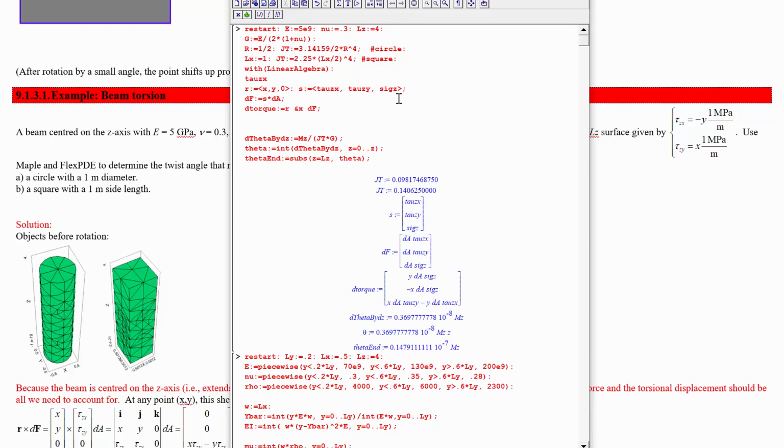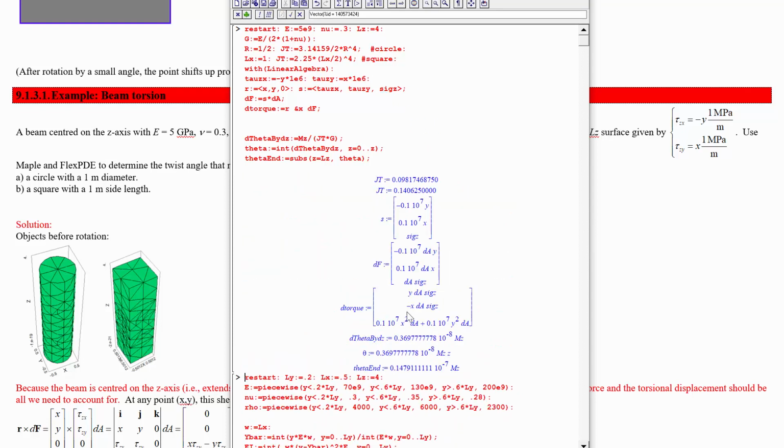tau Zx is equal to negative y times 1e6, and tau Zy is equal to x times 1e6, we can work out what the stress is in that direction. It looks like it's a large number x squared and large number y squared ends up being a totally positive definite moment that's created in the z direction there.